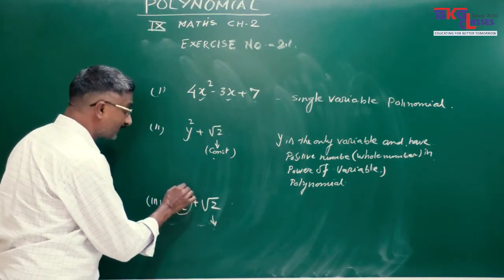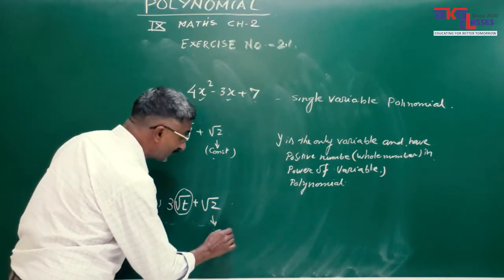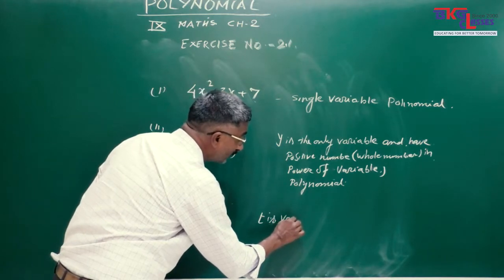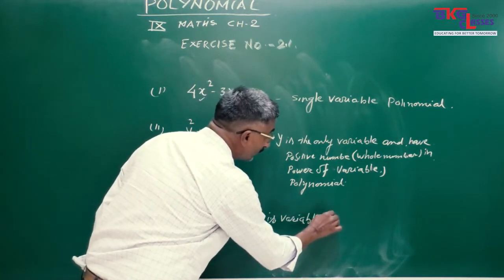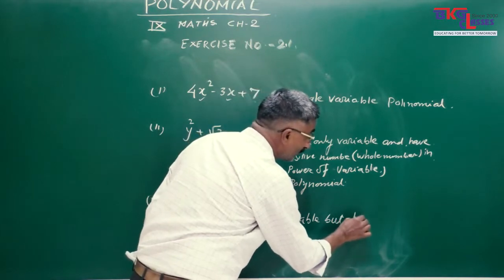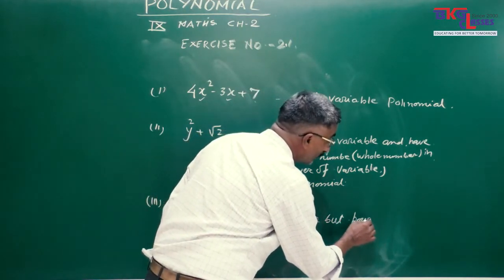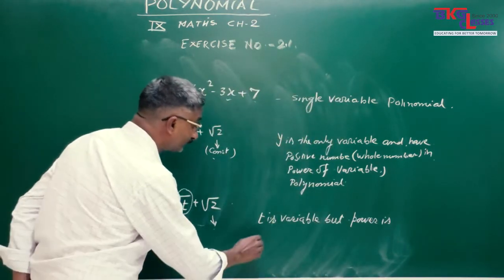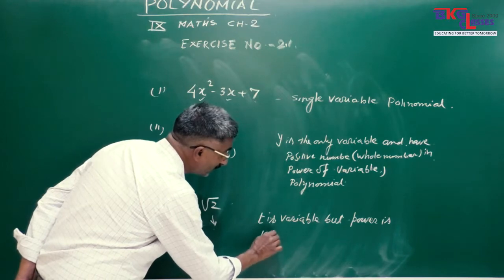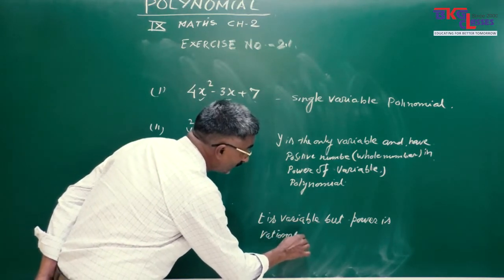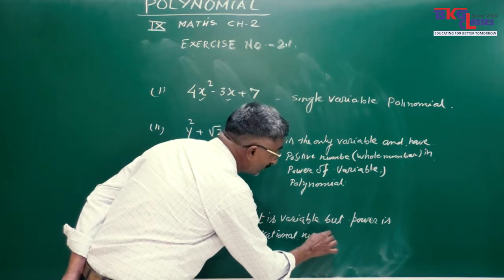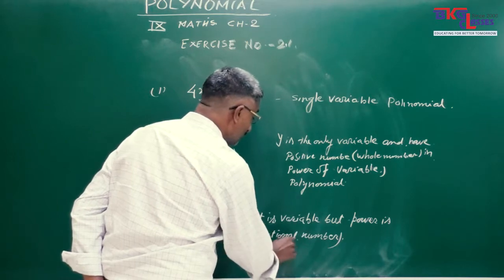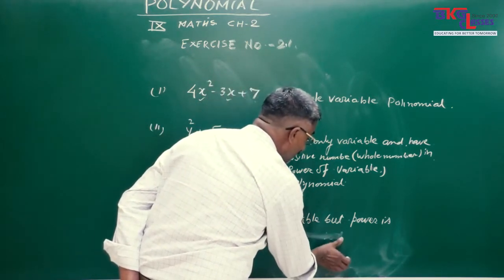But here root 3 root t is variable, but the power is a rational number, or you can say there is a root.